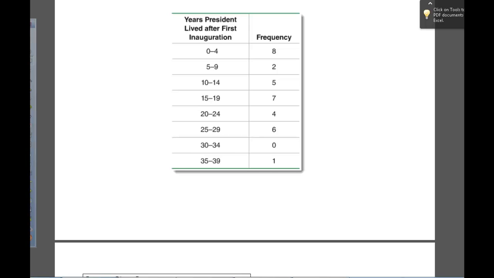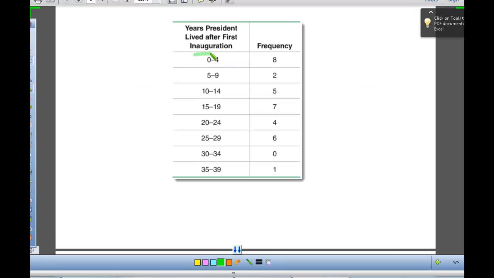All right, so some things we should note, flipping over to the next page. I just want to keep this image here. These would be our lower class limits. The lower class limit is the smallest value that can belong to a class.